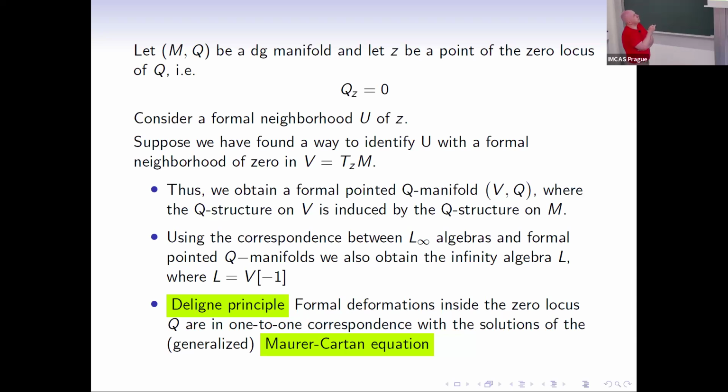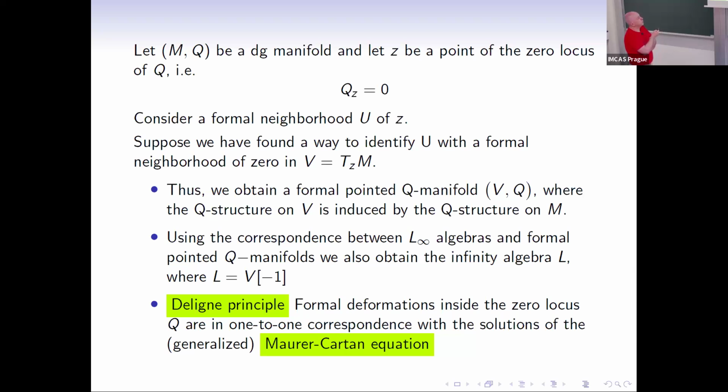Suppose we have a Q structure on this space. So it's a derivation of the space of functions, of odd degree 1, which squares to 0. And suppose we have a point of the zero locus of Q, so Q vanishes at that point. Now let's take the tangent space to this space, whatever it means, at this point. It's a vector space.